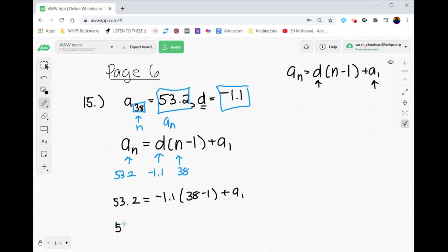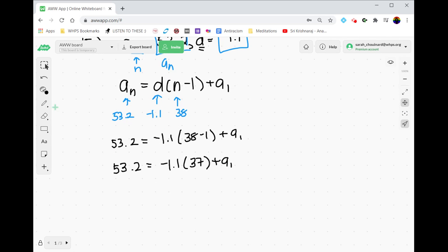Doing a little bit of math here, I get 53.2 equals negative 1.1 times 37 plus a sub 1. Then I'm going to multiply negative 1.1 times 37, and that's going to give me 40.7.